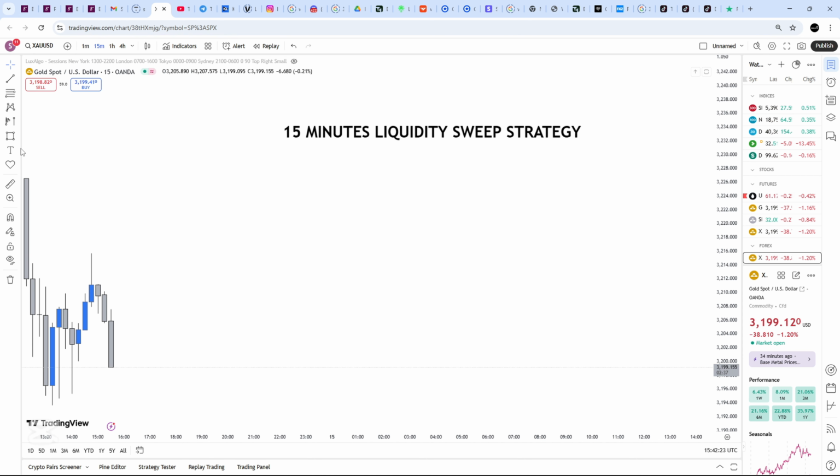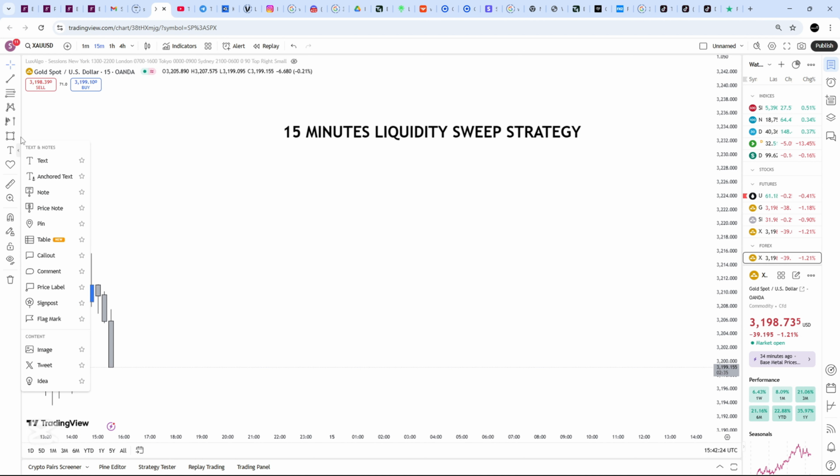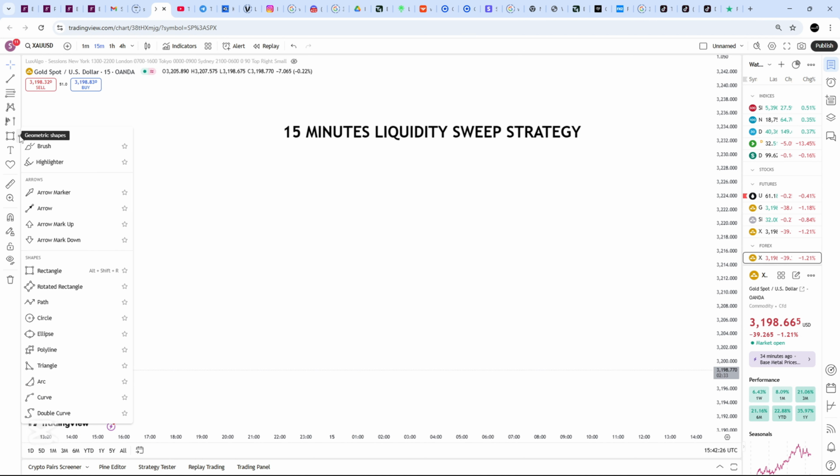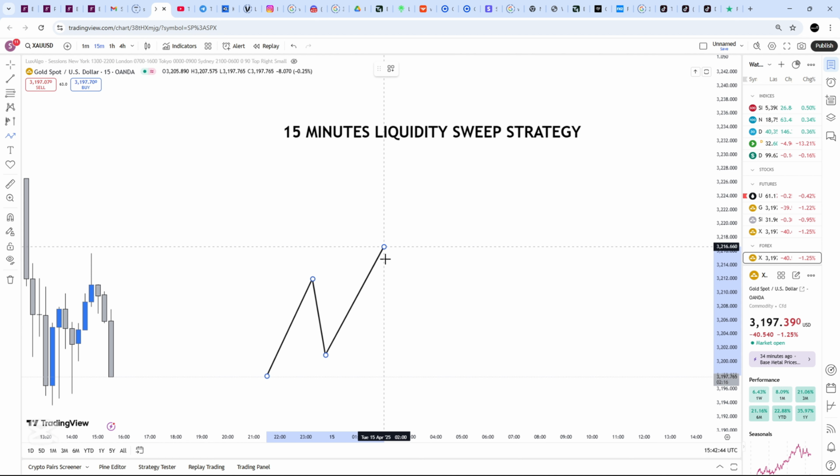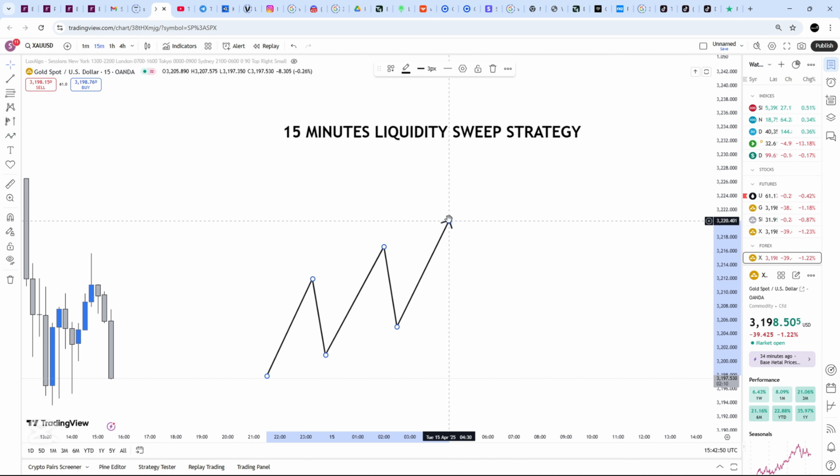So firstly, let me show you this, and then you can see what exactly we follow when we are taking these trades that I'm talking about. Let's say the market has been going higher highs, breaking to the higher zones, retesting and going high. We call this an uptrend, right?